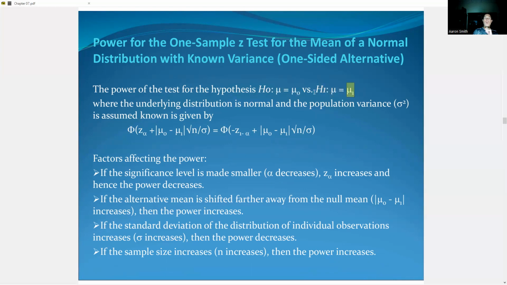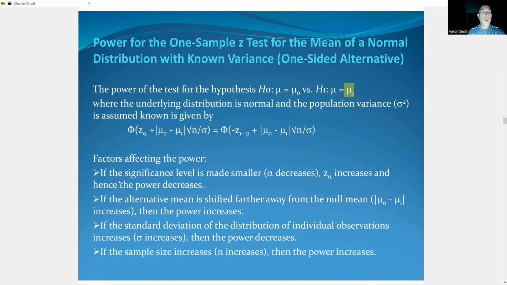All right, so here we have two possible decisions. We're going to say either the population average is equal to this, or the population average is equal to that, and we're not accepting any other possibility, where the underlying distribution is normal and the population variance is assumed known. Then this normal function is equal to this.